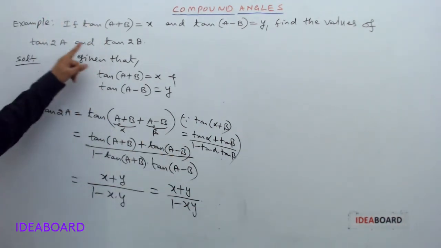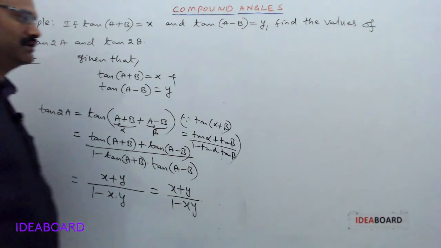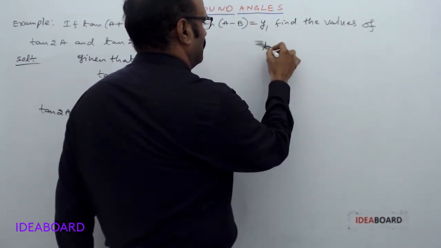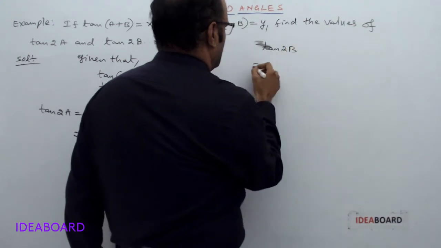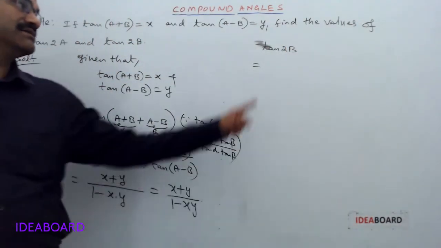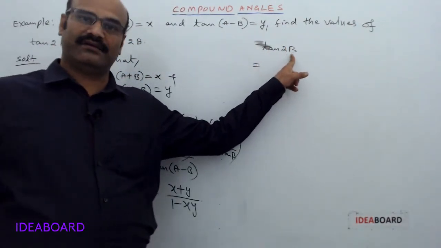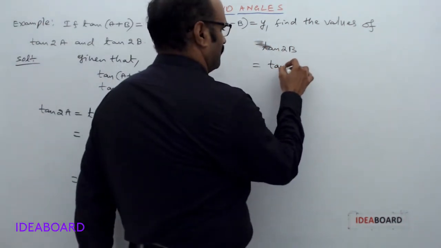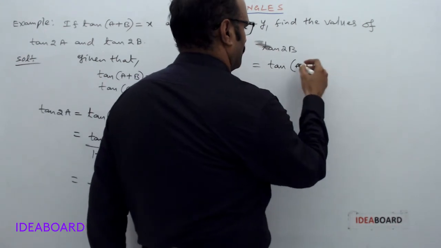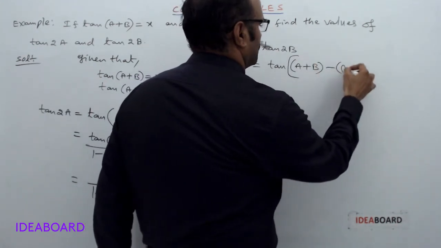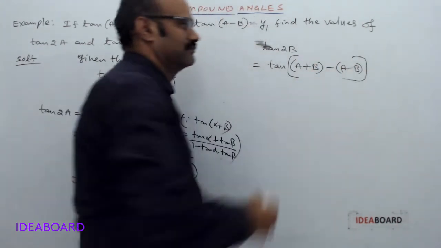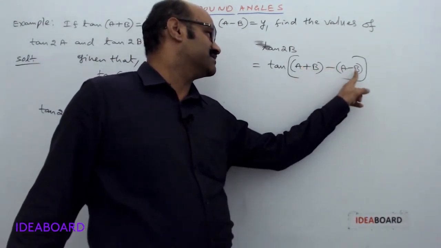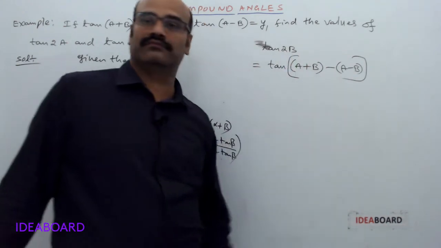Now we have to find tan 2b. Tan 2b can be taken as tan of a plus b minus of a minus b. A plus b minus a plus b equals 2b.